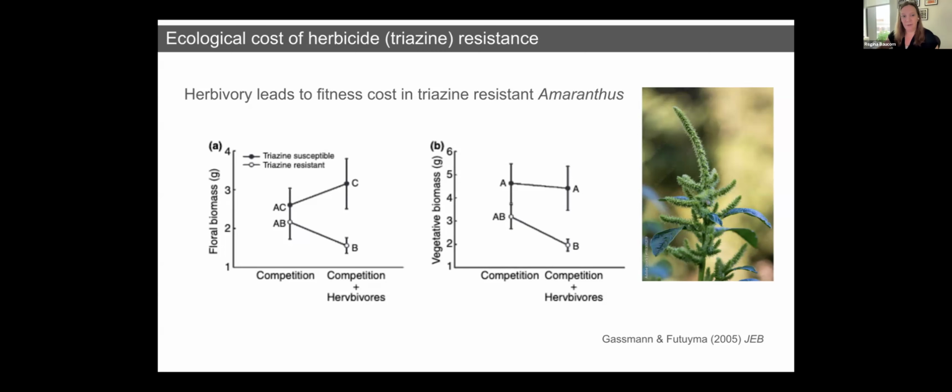Effectively, what they found is that in the presence of competition and herbivores, lineages that were triazine resistant showed lower floral biomass and lower vegetative biomass than lineages that were susceptible. So this is evidence of a fitness cost, an ecological cost. We show a lowered component of fitness due to interactions with a community member in a resistant organism.